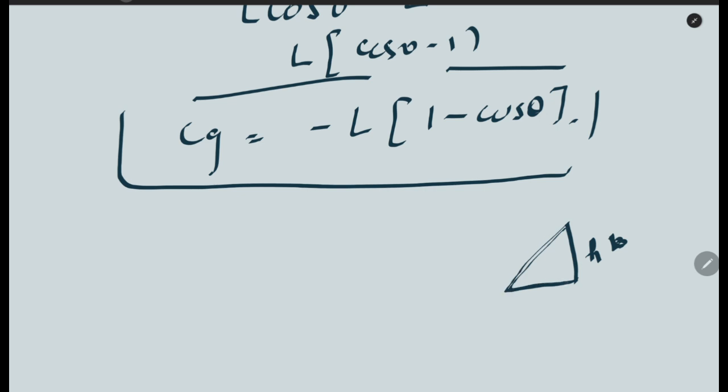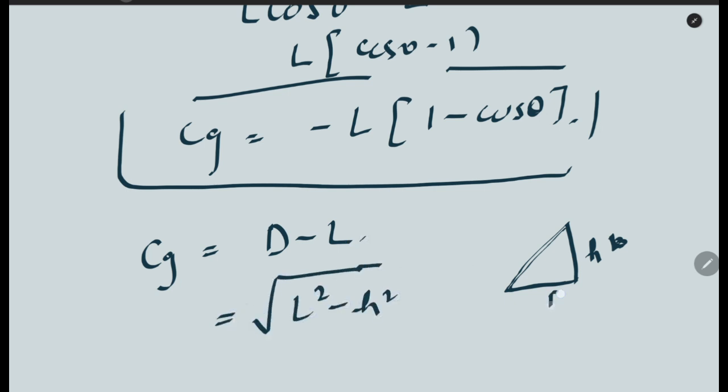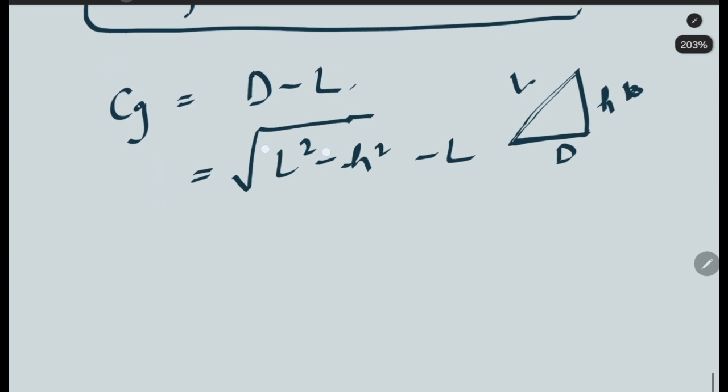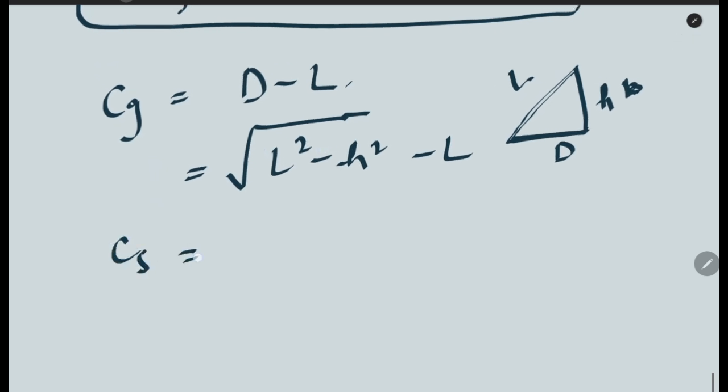After that, if in the question they have given me this h, the height difference between the ground level and the elevated level, then C_G will be the same as what we have already said, D minus L. At that time, D will be equal to the square root of L square minus h square, because it's the base, and it equals hypotenuse square minus perpendicular square. Then C_G will be equal to L times [(1 minus h square upon L square) to the power 1/2, minus 1].